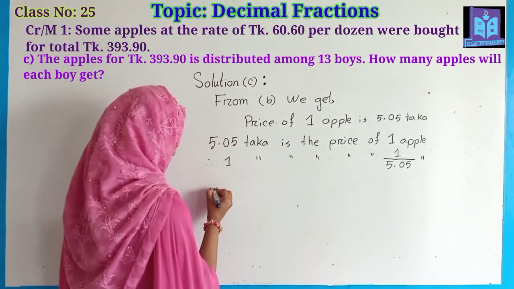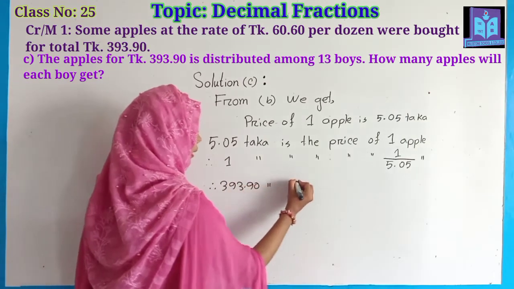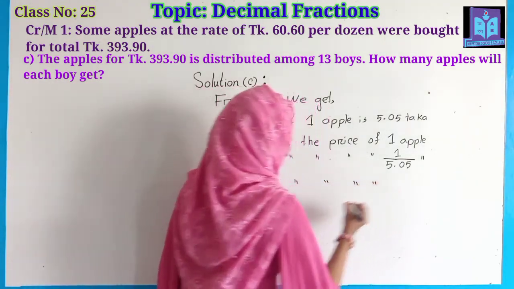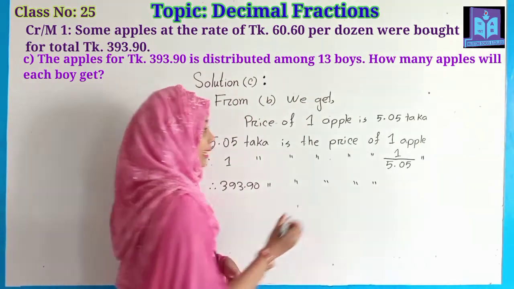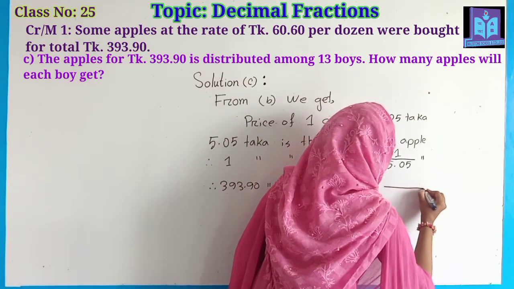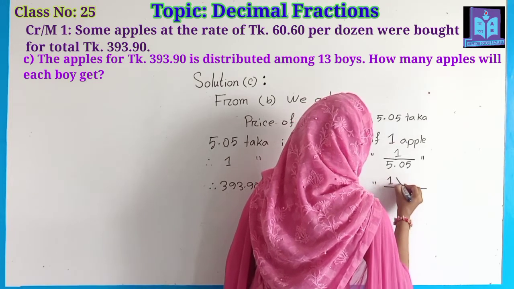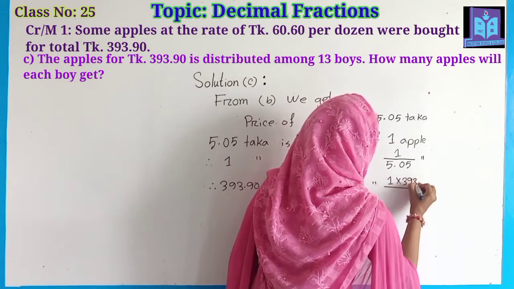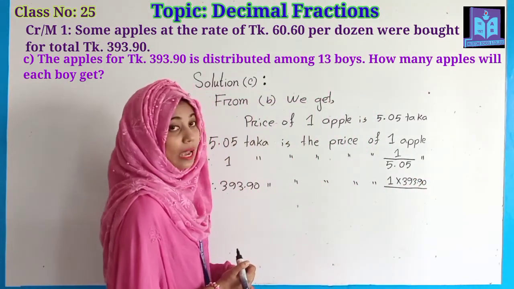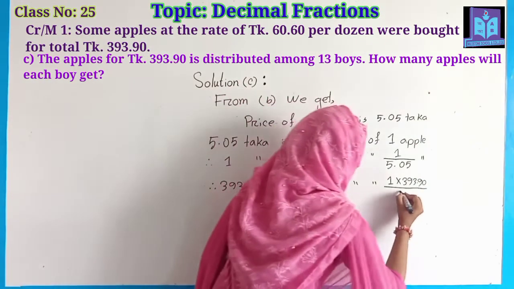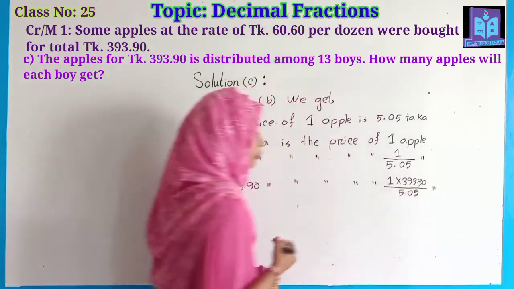So I will write therefore 393.90 taka is the price of. How can we find out this? Yes, by multiplication. That's why I will write this fraction bar. Above the fraction bar I can write 1 into 393.90. And below the fraction bar, our denominator is 5.05. Our unit will be apple.